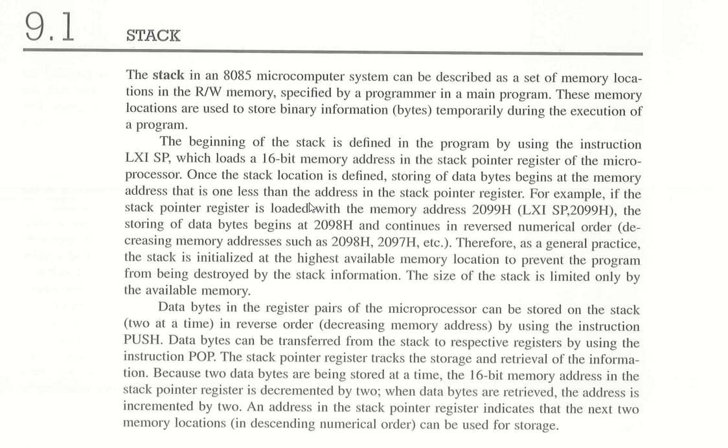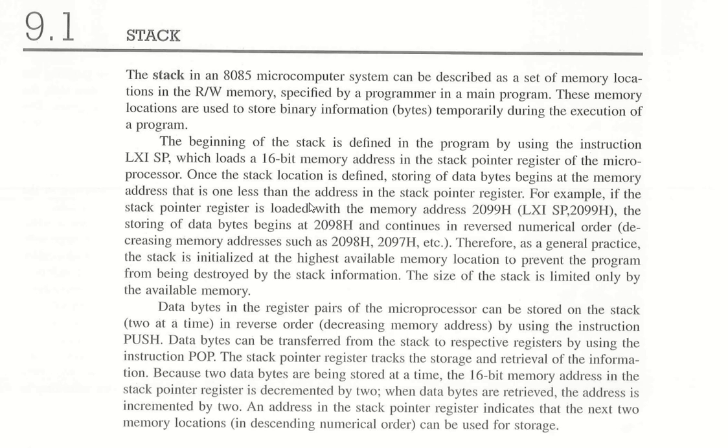Let's understand this with the help of an example. If the stack pointer register is loaded with the memory address 2099H, the storing of data bytes will begin at 2098H, and it will continue in reverse numerical order, with decreasing memory addresses such as 2098, then 2097, then 2096, and so on.